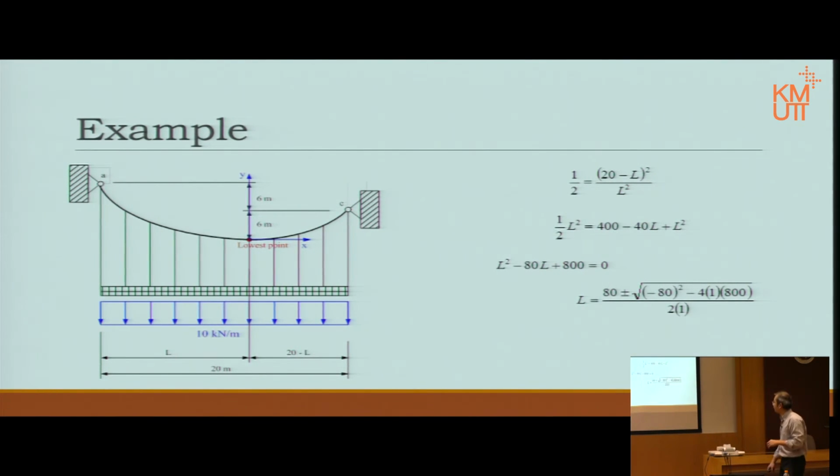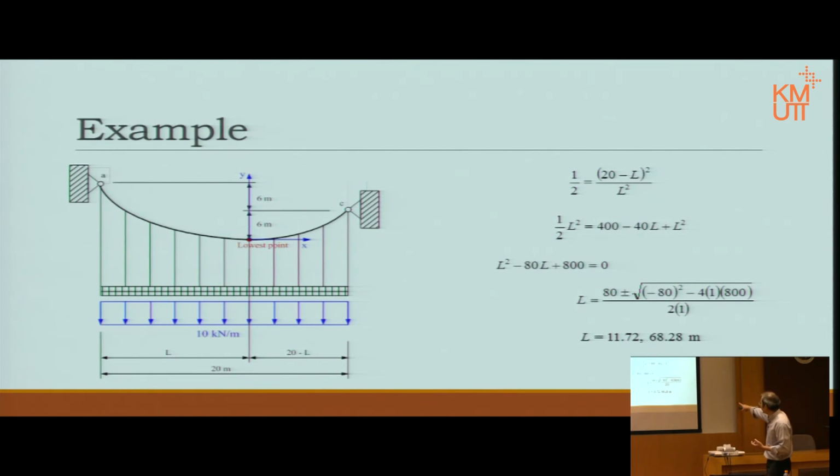Minus b plus or minus the square root of b squared minus 4ac, divided by 2a. Then using a calculator, of course. This kind of equation tends to give you two answers. It's our duty to know which one is applicable.